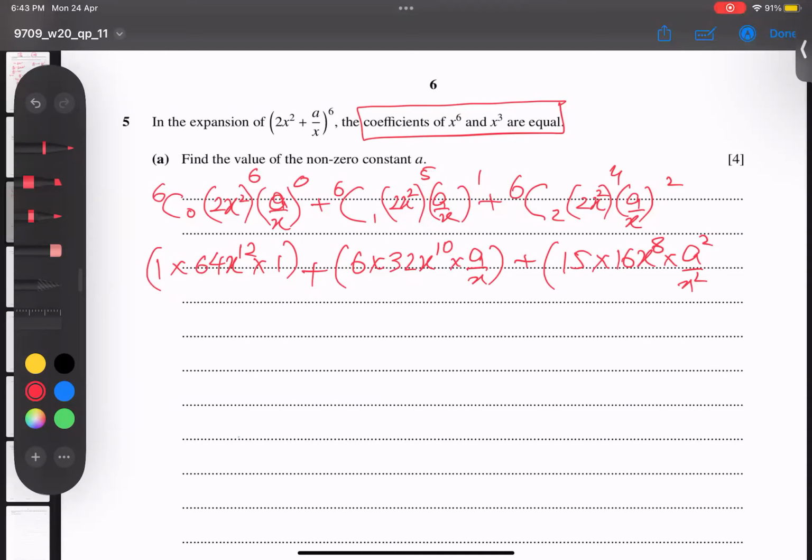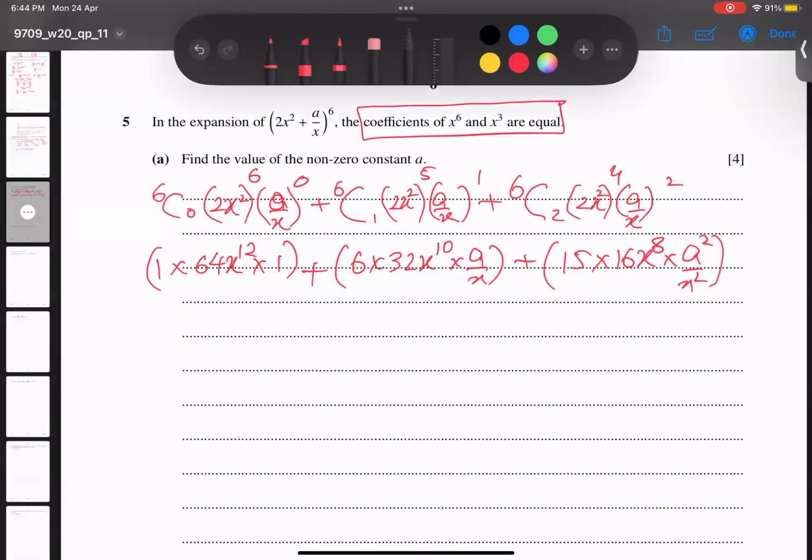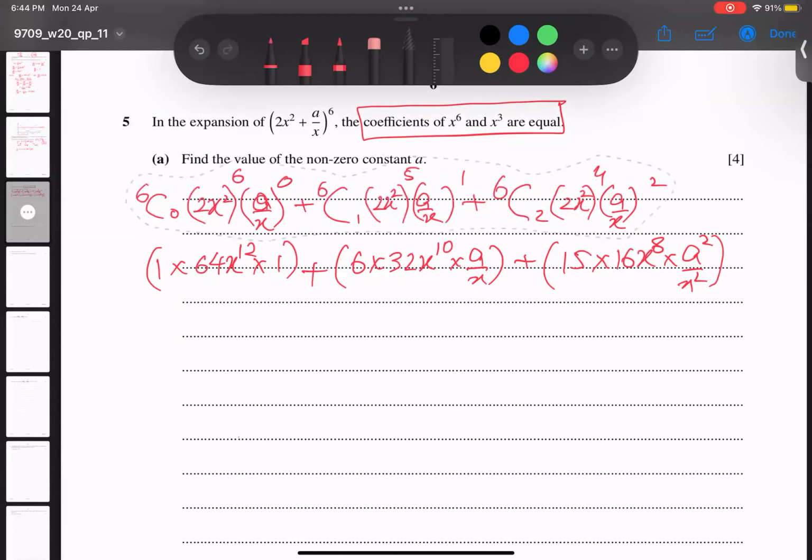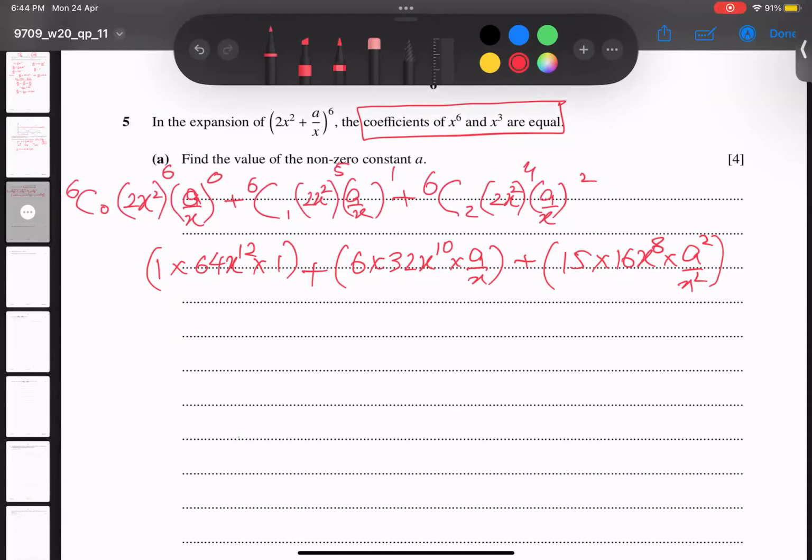Now check it. If this is 8 and this 2 subtract, I get a 6. So it means this x to the power 6 is coming, whereas I'm not getting x cubed till now. I think I have to expand one more bracket. So plus 6C3, 2x squared to the power 3, and a over x to the power 3.